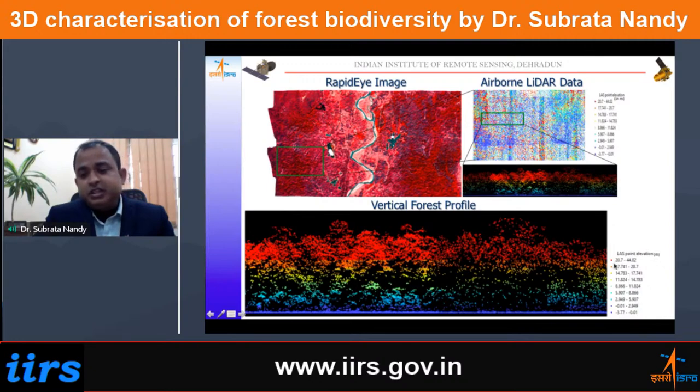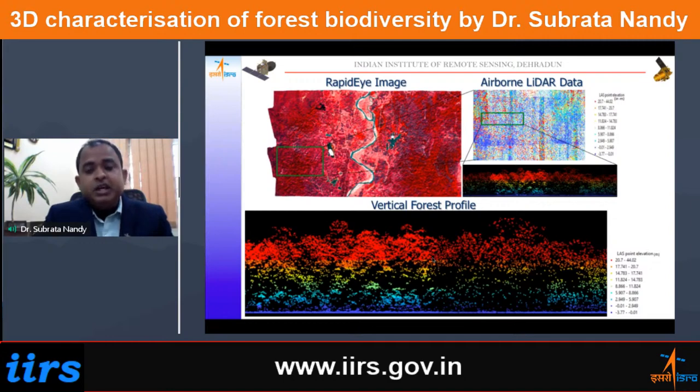Now you see these are the height parameters which are mentioned on the right side. So you can get all this height information. Suppose you want to classify a forest based on height, you can identify that this species goes up to this height, or this one is beyond this height, based on height only.